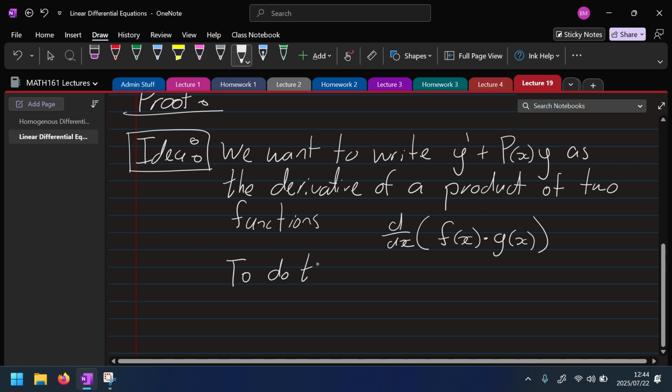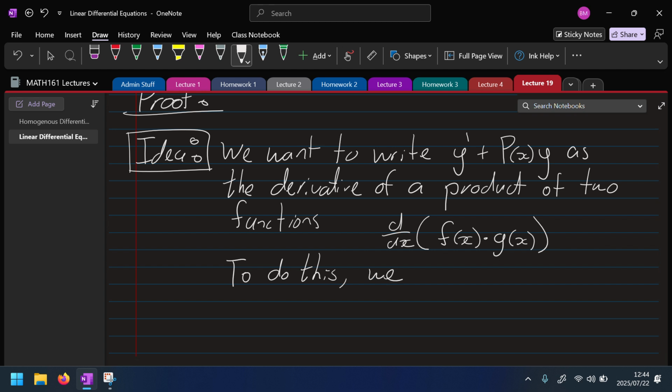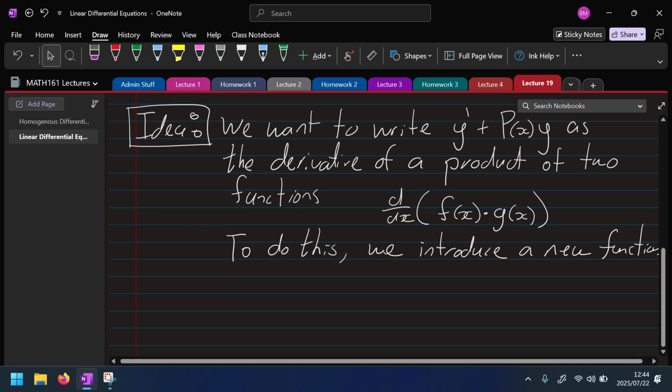To do this, we introduce a new function called the integrating factor.